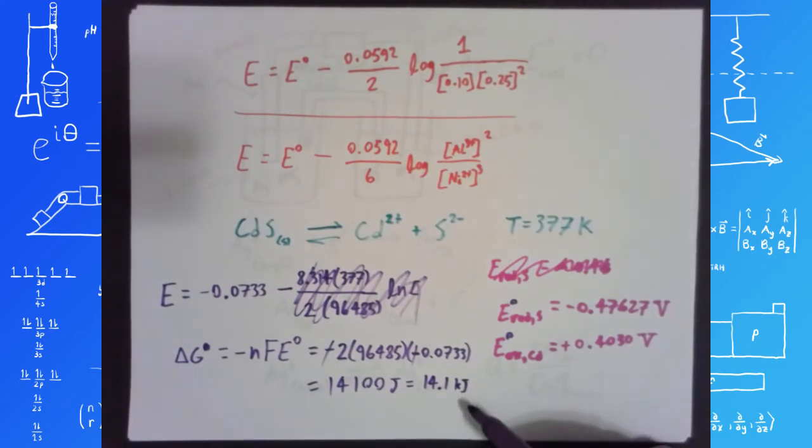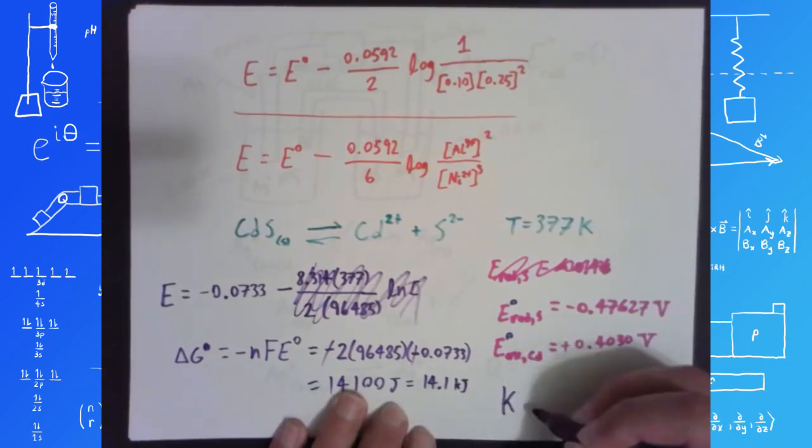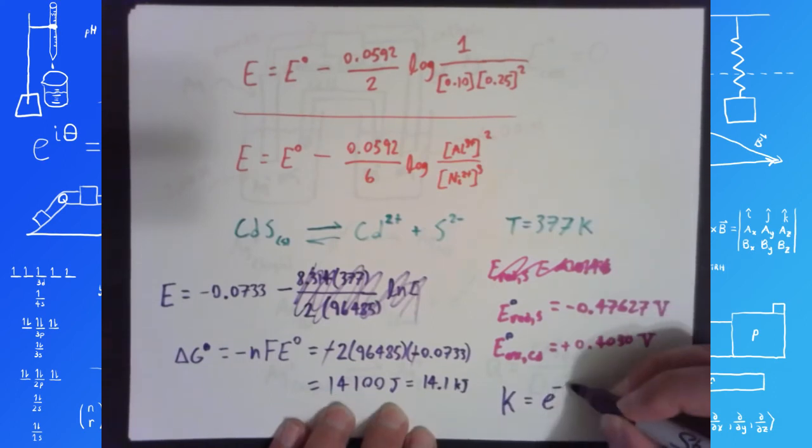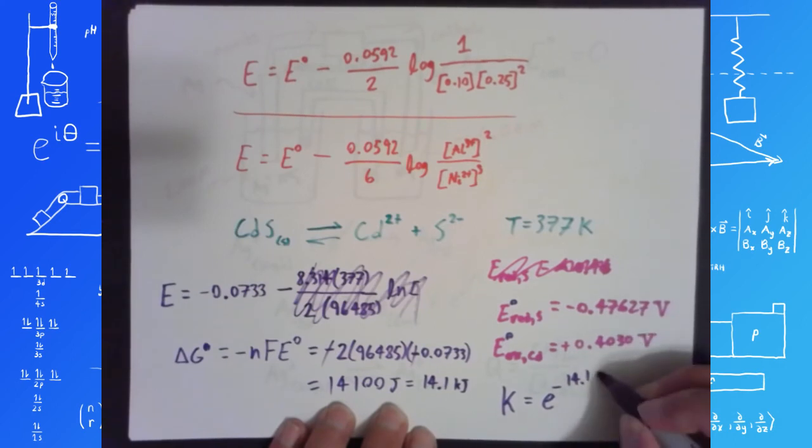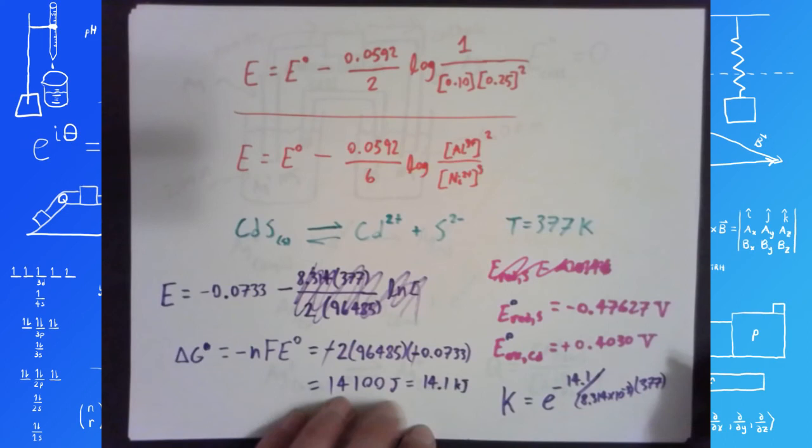And now that we've got delta G standard, we can calculate K, because K is equal to e to the negative delta G standard 14.1 over RT. Since 14.1 is in kilojoules, that's going to be 8.314 times 10 to the negative 3 kilojoules per mole Kelvin, and then that times a temperature of 377 kelvins.